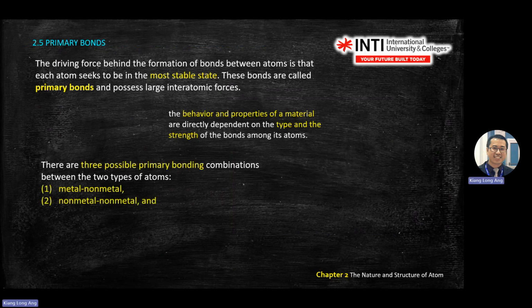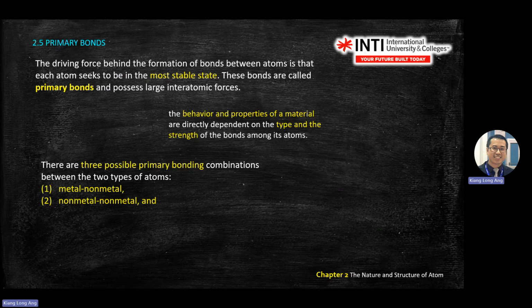Okay. Now today we go into primary bond and secondary bond. Okay. So what do I mean by primary bond? Primary bonds make the atom become stable. They are the ones that affect the properties of the material, where they will tell you how strong the material is.